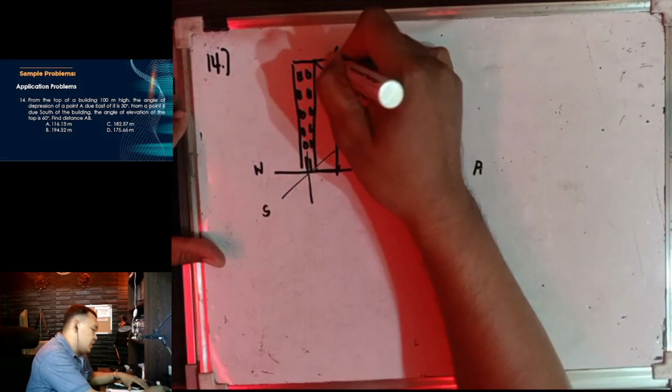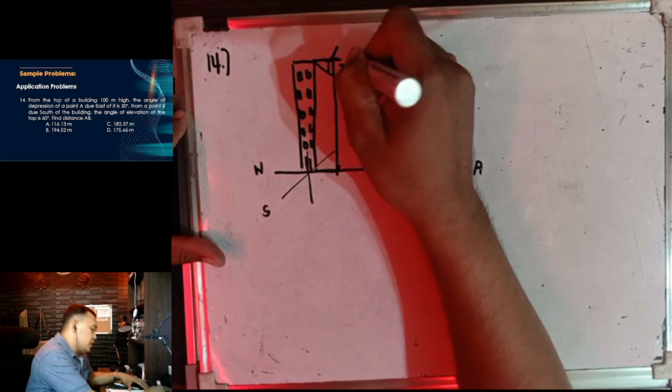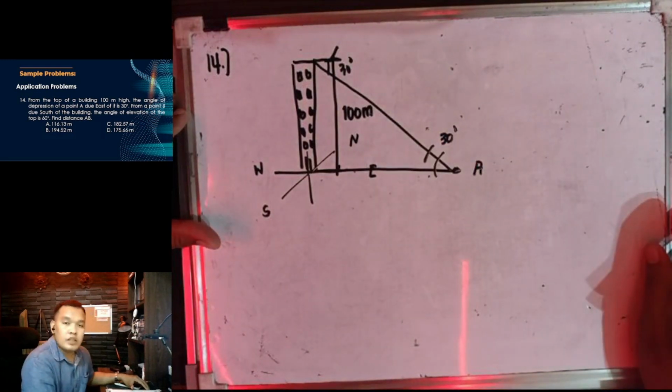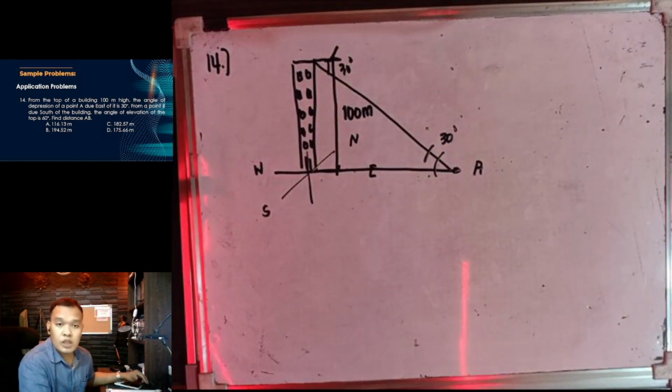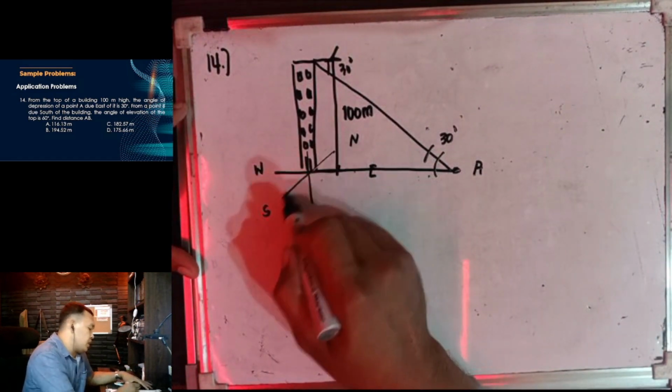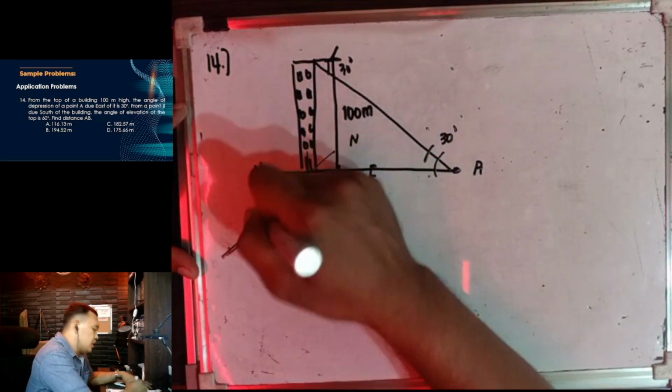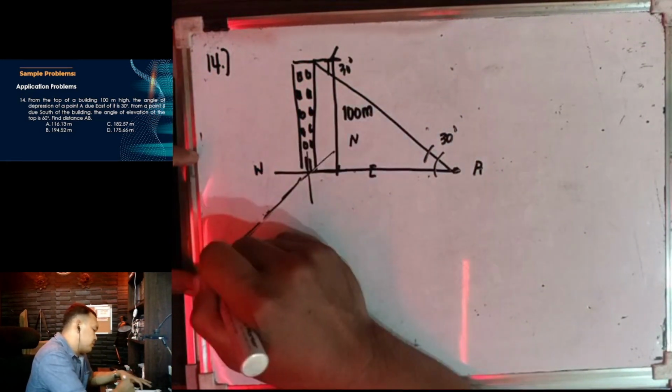So I have an angle here of 30 degrees, which is also equivalent to this angle, which is 30 degrees. Then due south of the building is point B, which has a 60 degrees angle of elevation. So if this is our south, then we have 60 degrees.